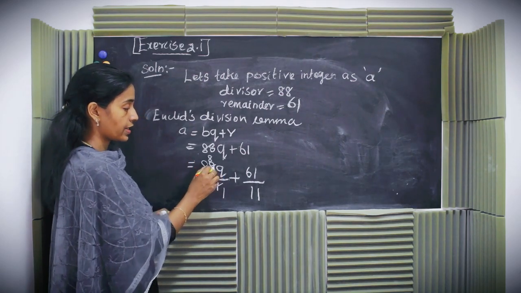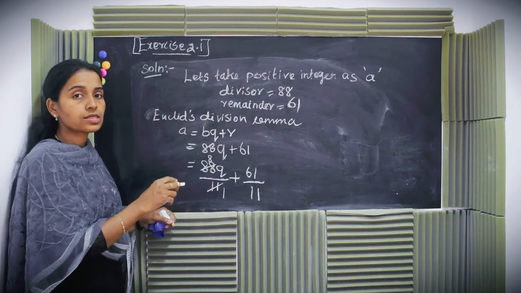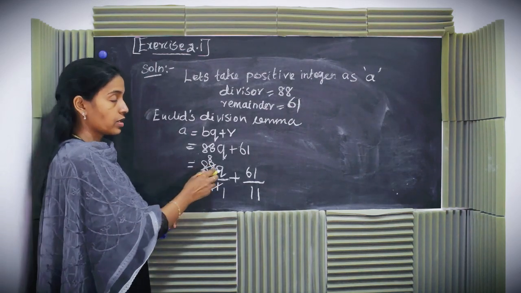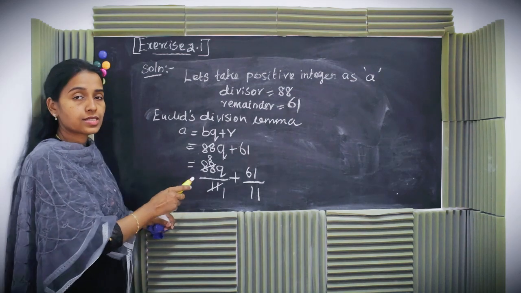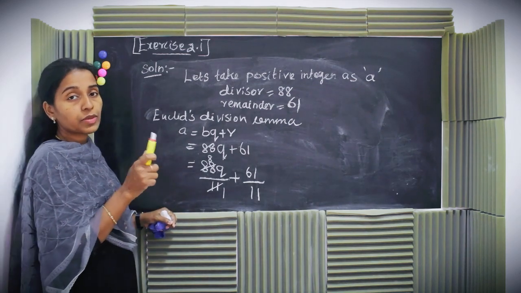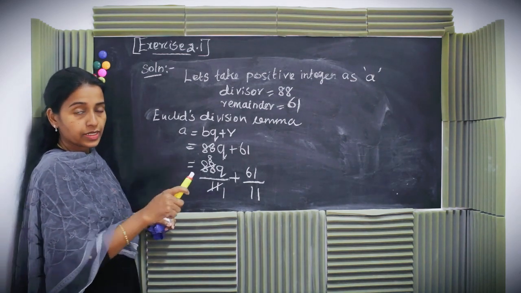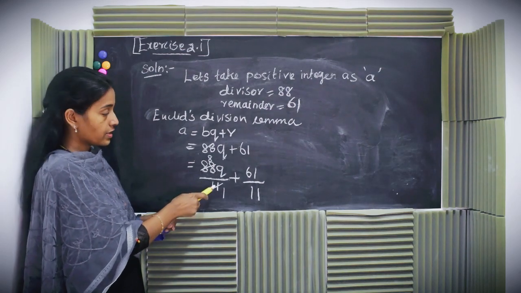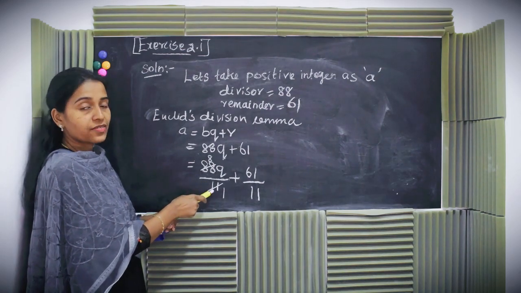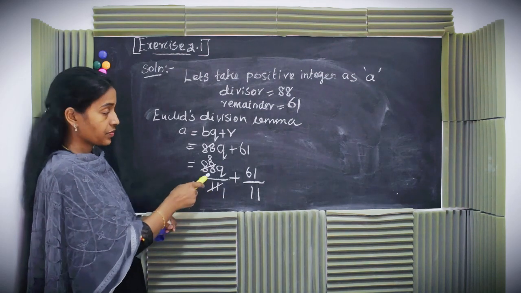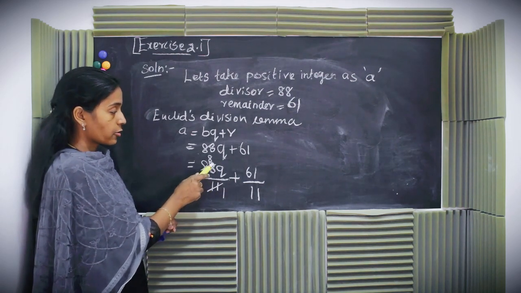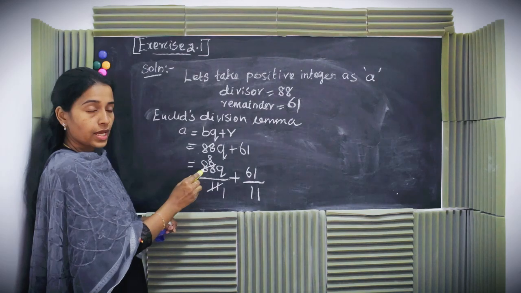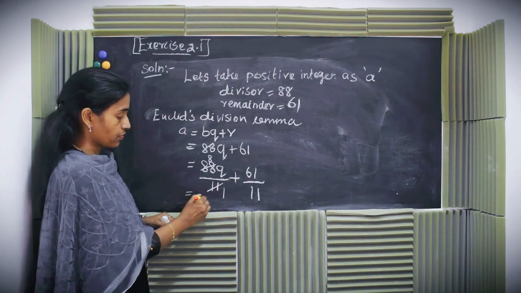So I am getting 8q, that is the quotient. But in this case we should consider the remainder, not the quotient. The remainder is 0, right? It's getting divided completely. So the quotient is 8q and the remainder is 0.